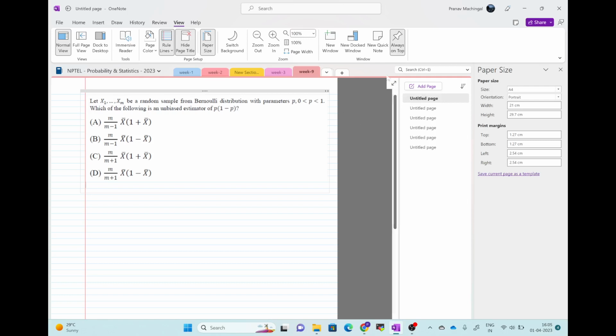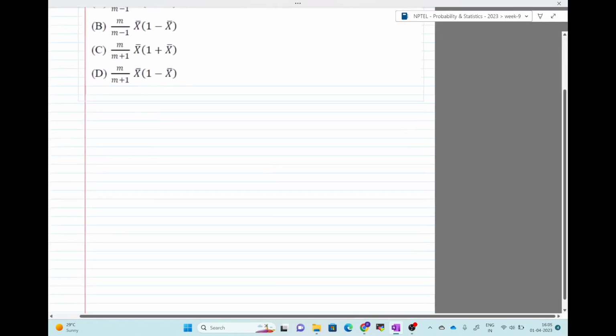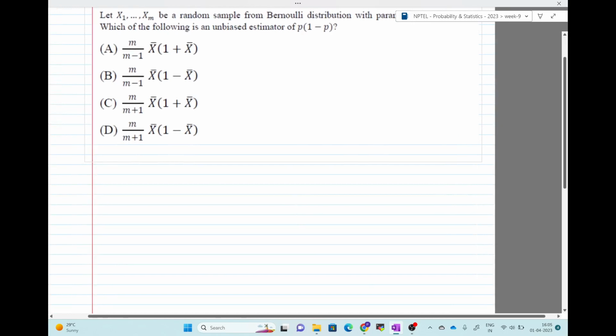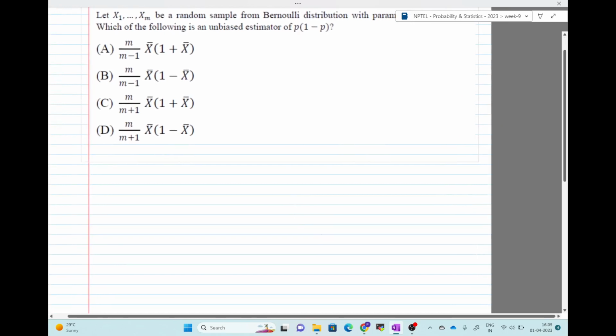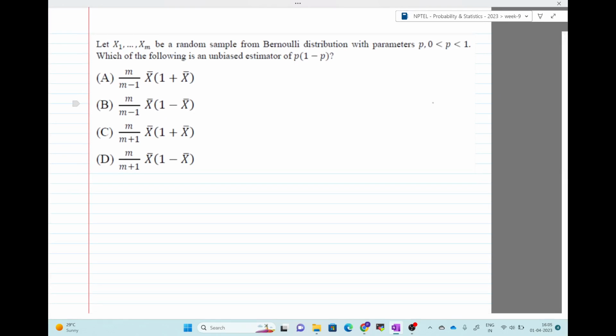So let's look into this first problem. We have m random samples from a Bernoulli distribution with parameter p, and it is asked which of the following is an unbiased estimator of p into 1 minus p.